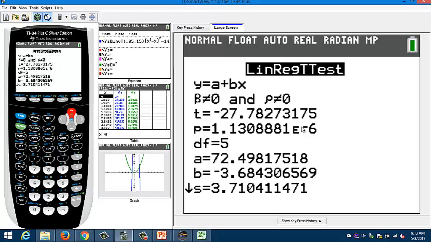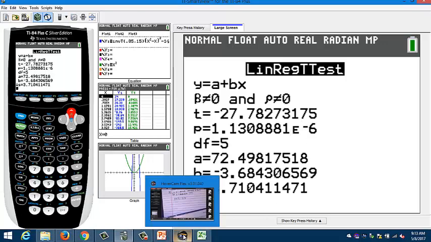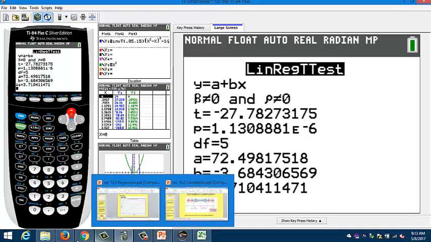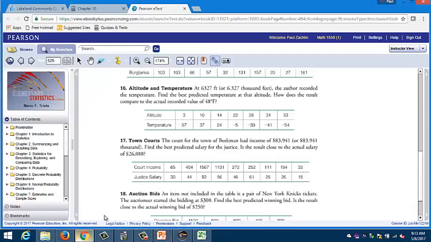Okay, so here it's kind of funny because what I would say next, when I'm thinking about this problem, is, because the question asks, find the best predicted temperature at that altitude. Well, here's what I would say.